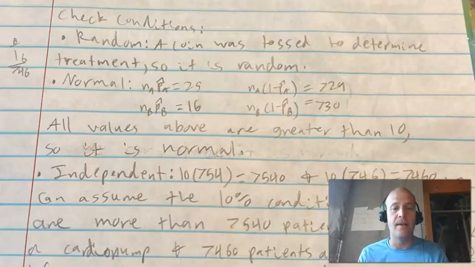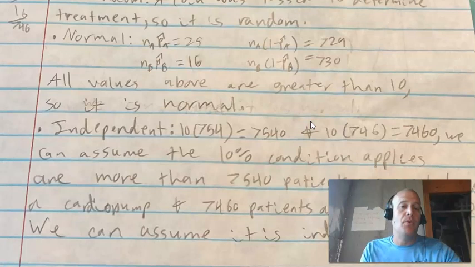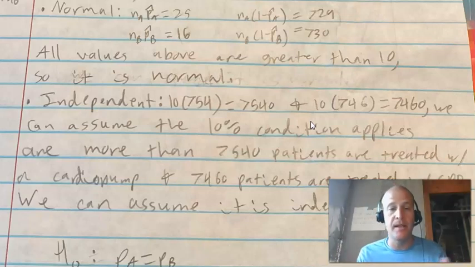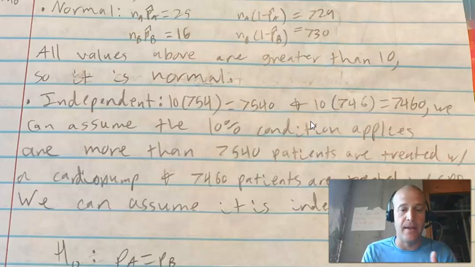So that 25 is the 25 people who survive more than a year, and the 729 is the opposite of that. With independence, you're trying to show that your sample is less than 10% of the population, and since this covers an entire country, that is clearly identified.